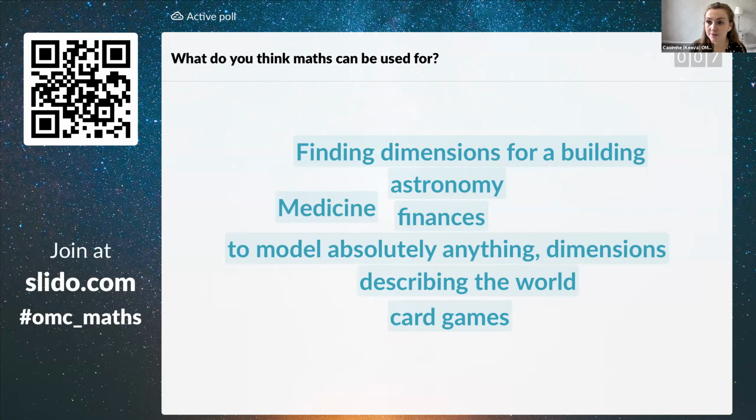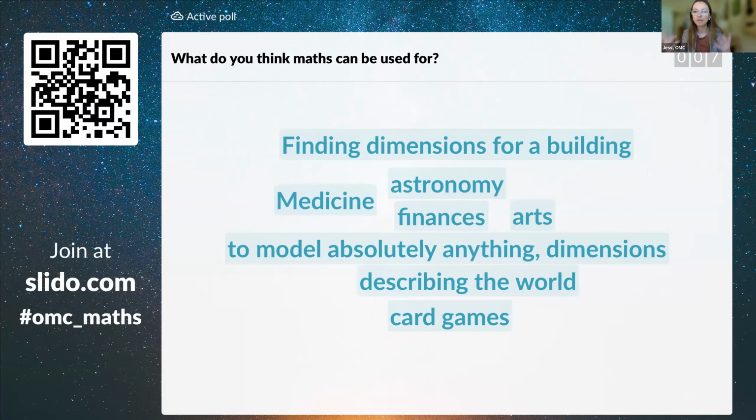Describing the world. Card games is really good too, because there's lots of probability you can work out with cards and how likely it is to shuffle. I can't remember the exact probability, but you've probably heard that any particular layout of all the cards once you shuffle is extremely unlikely.